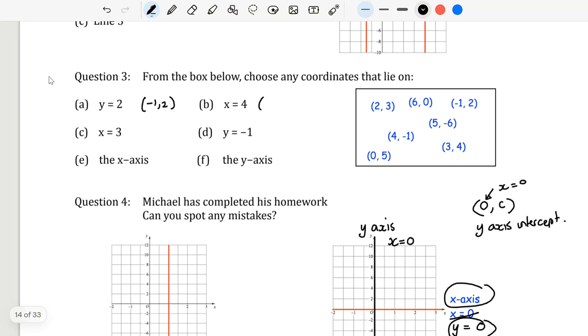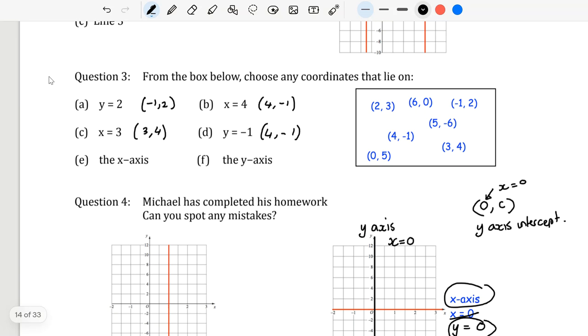Is this one 3, 4? No. Oh no, sorry. It's 4, only this one is 1, 4, negative 1. Any others? No. X equals 3, 3, 4. Y equals negative 1, 4, negative 1. Now you'll notice, look, that coordinate is on both of those lines.